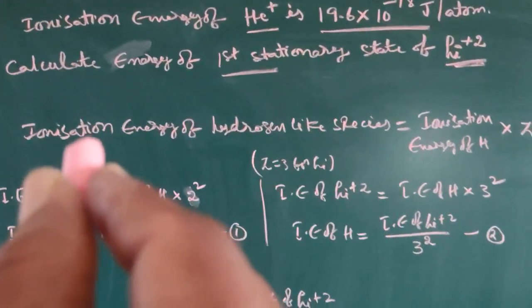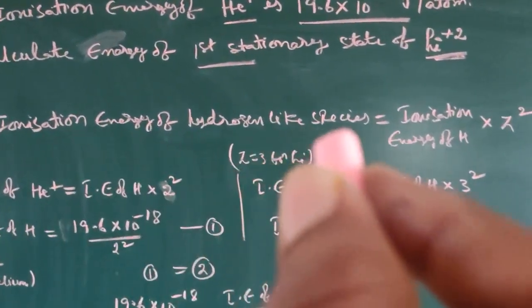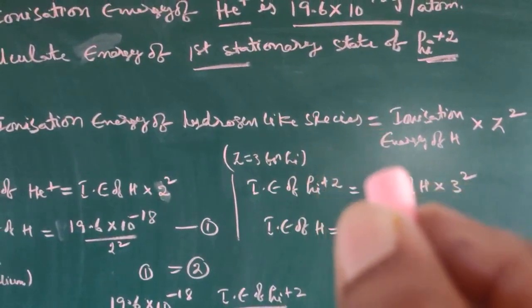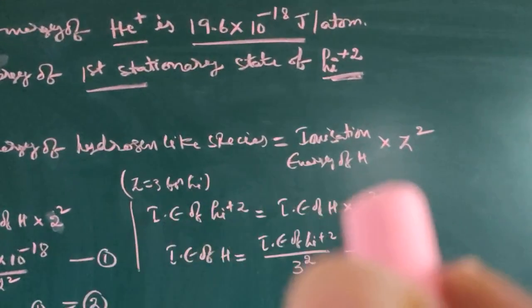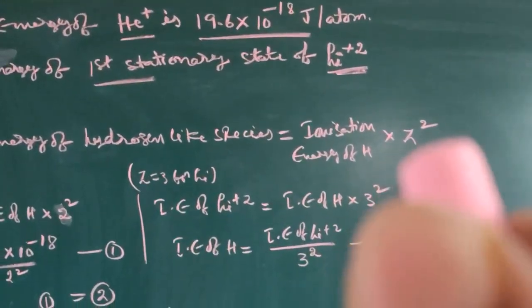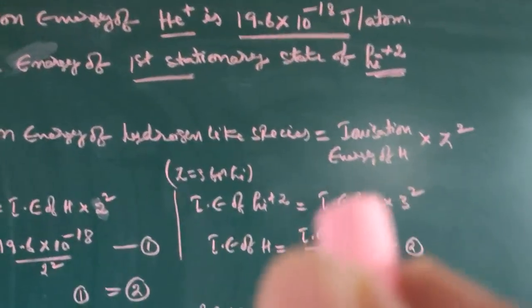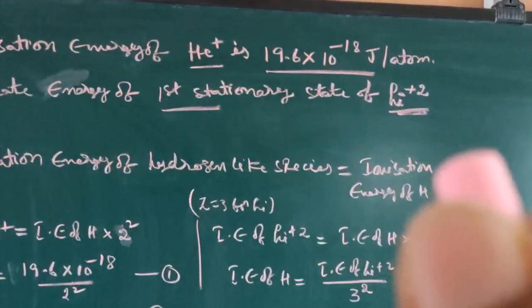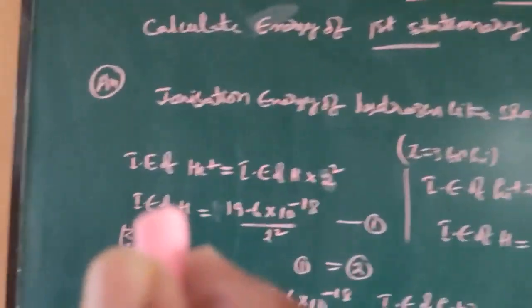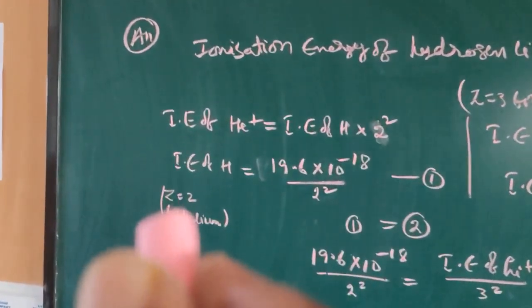Then the ionization energy of a hydrogen-like species is equal to the ionization energy of hydrogen into Z square. Here helium is given, and here lithium is given. For helium, Z is equal to 2.